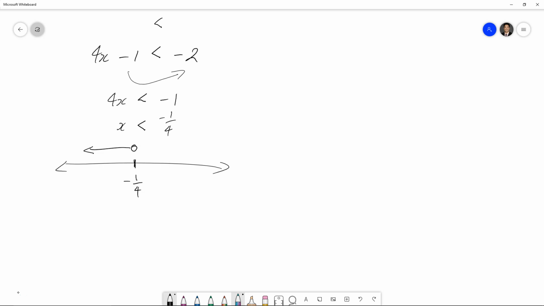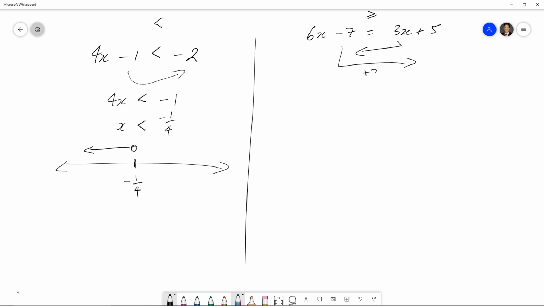Now, if we had a different scenario, 6x minus 7 is greater or equal to 3x plus 5, we're going to solve this as normal. I'll write the symbol on the top so I don't forget, but just to prove my point that we're not doing anything different for the time being. I'm going to move the 3x over there, and move the negative 7 over there by adding 7 and taking away 3x.